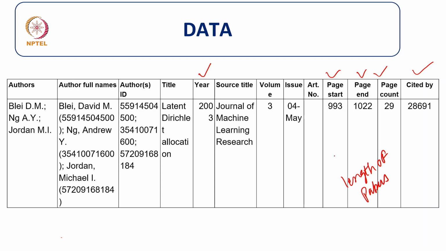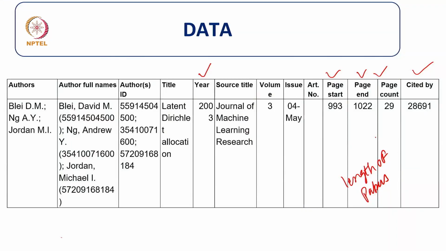Whenever we download the data from different bibliographic data sources, these details are given, but sometimes some of the details are missing. If page count is missing, we can easily count it: we just do 1022 minus 993.